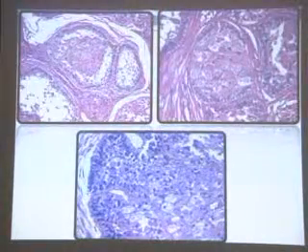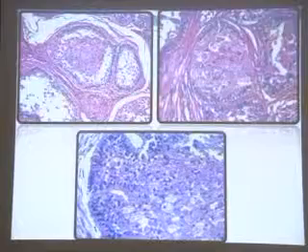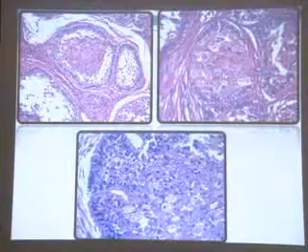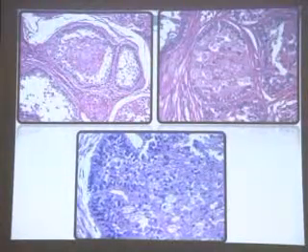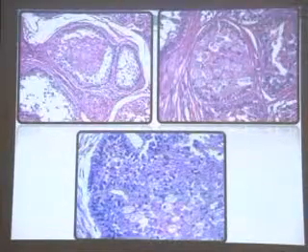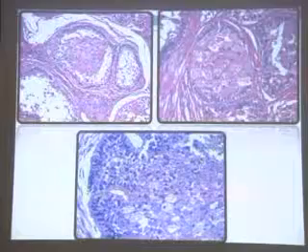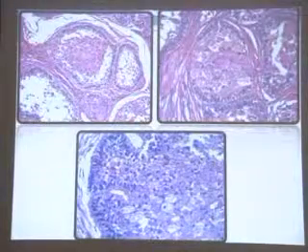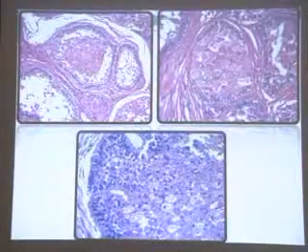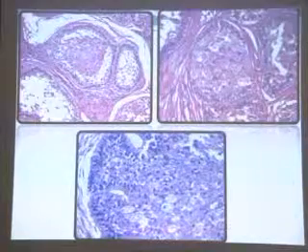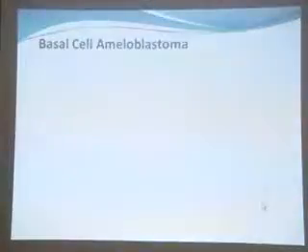At larger magnification you can very well appreciate these cells. They are large, polyhedral or oval in shape, and see here each cell is packed with eosinophilic granules, and because of these eosinophilic granules you can appreciate the nucleus is pushed to the periphery. The same thing can be appreciated in this histopathological feature.